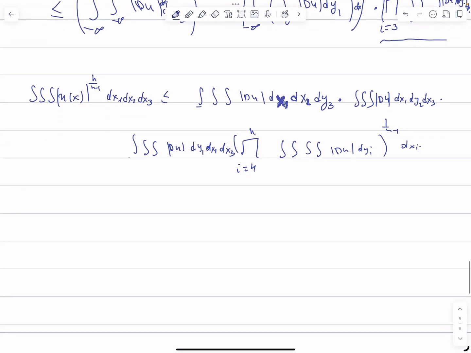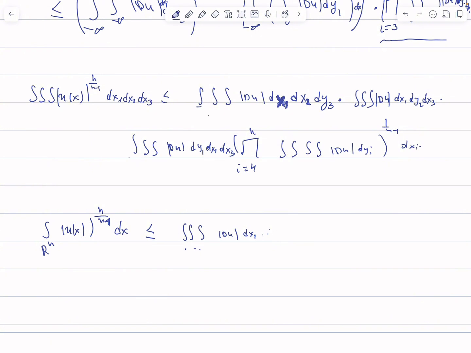So when we do this n times, we get the integral over Rn of |u| to the power n divided by n minus 1 dx, less or equal here n-fold integral, but we have du dx1 dx2 dx3 and so on, and then we have dyn dxn.